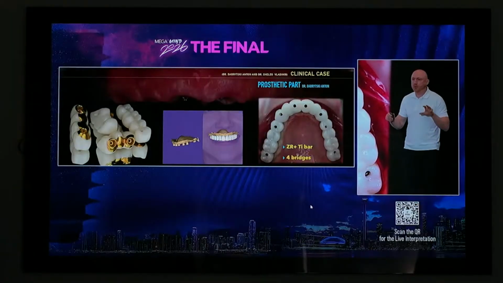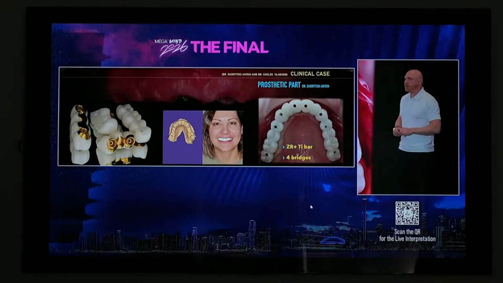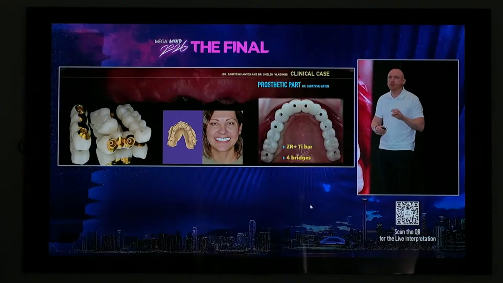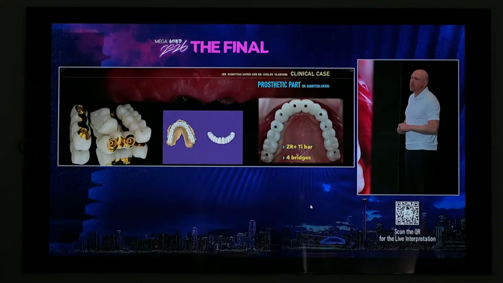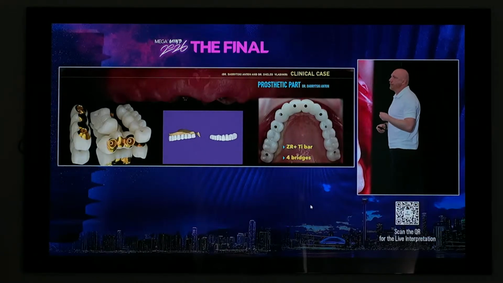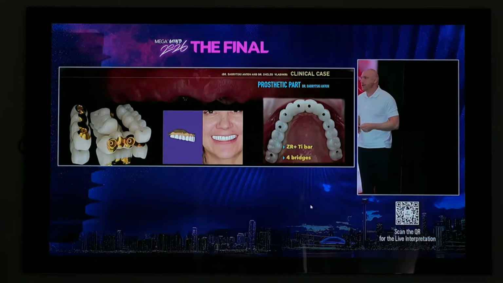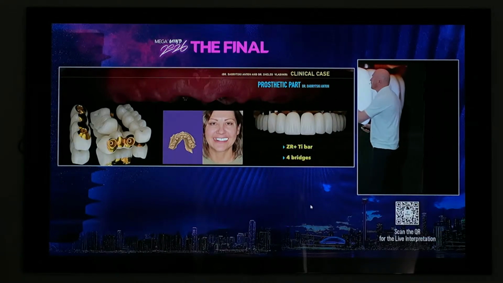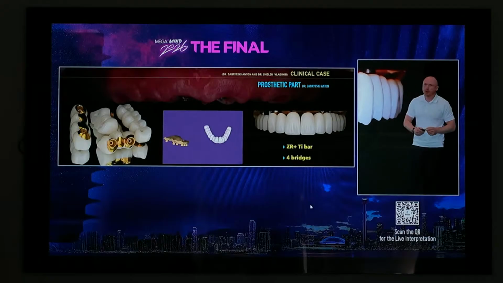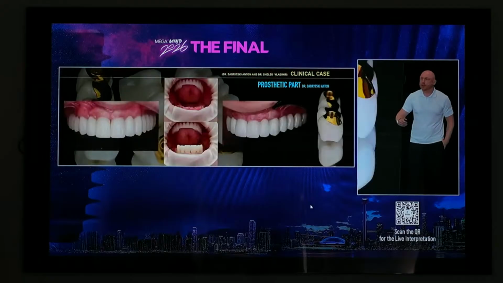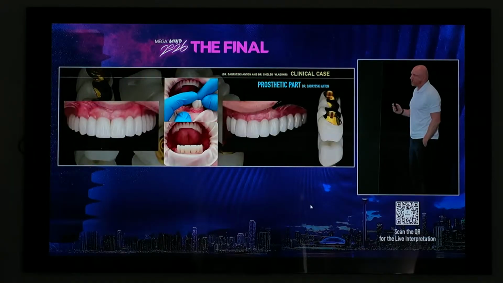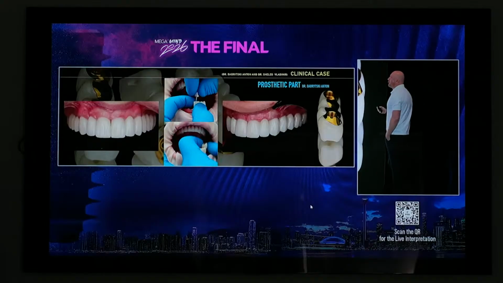As I said before, when we treat very young people, we try not only to make a beautiful and functional result, but to make it repairable and easy for daily hygiene. So it's quite convenient for our patient, and you can see the final result of our construction next.